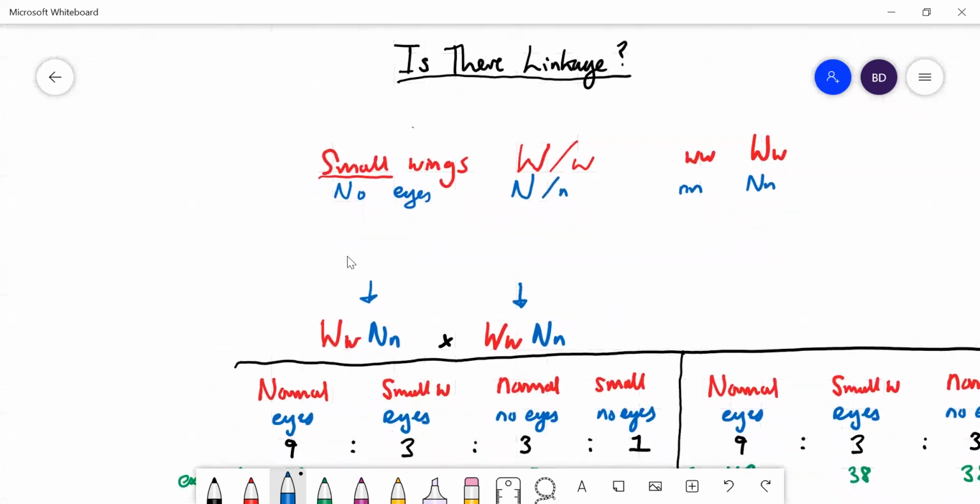So the phenotypes here: normal wings and normal eyes, small wings and normal eyes, normal wings with no eyes, and then a double mutation where you've got small wings and no eyes.